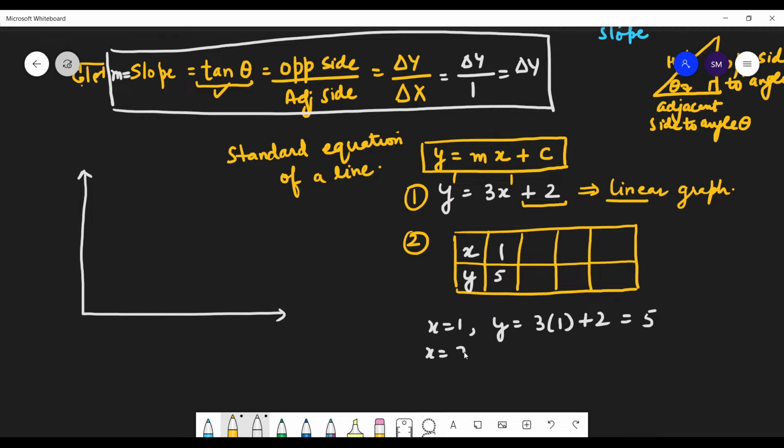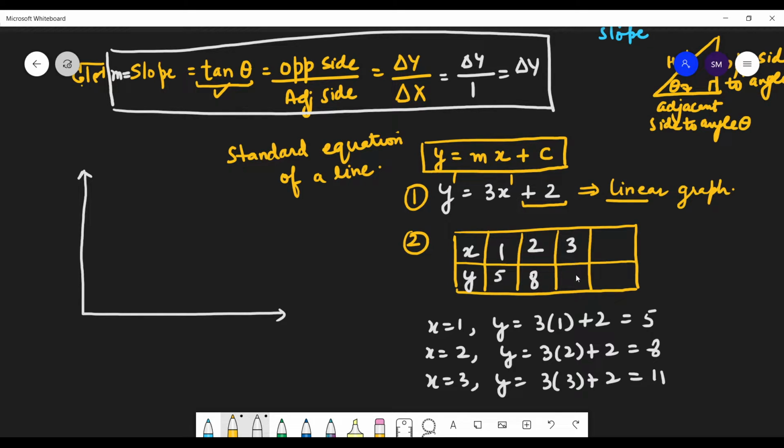If x equals to 2, what will y equals to? 8. 3 into 2 plus 2, that is 8. If x equals to 3, what will y equals to? 11. So x equals to 2, y equals to 8, x equals to 3, y equals to 11.